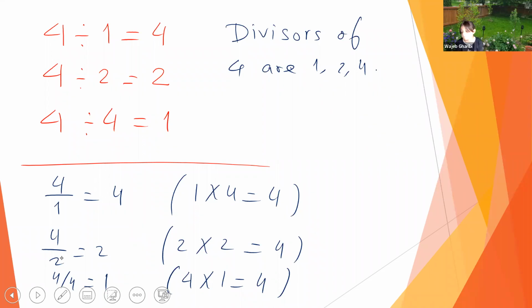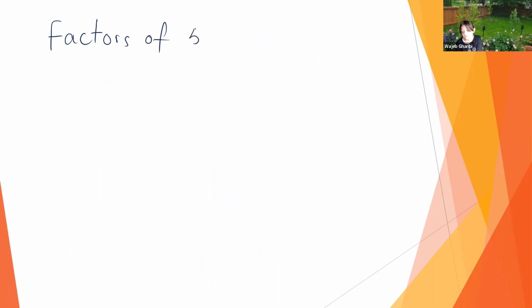Let us find factors of 5. What are factors of 5, Maria? We have to find the divisors of 5. Divisors of 5 are 1 and 5. Why?